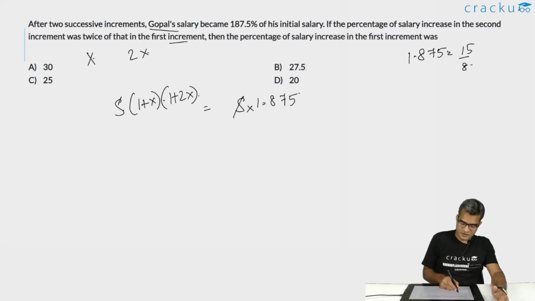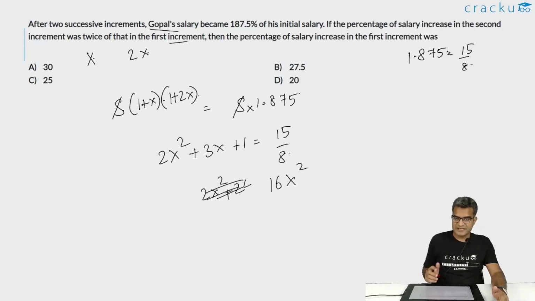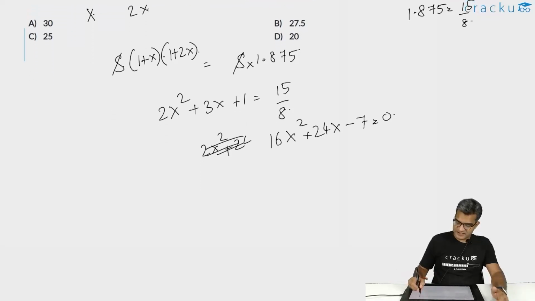We can cancel S on both sides. So 2X square plus 3X plus 1 is equal to 15 by 8. I'm just multiplying everything with 8. 16x square plus 24x minus 7 is equal to 0. We have to factorize this.